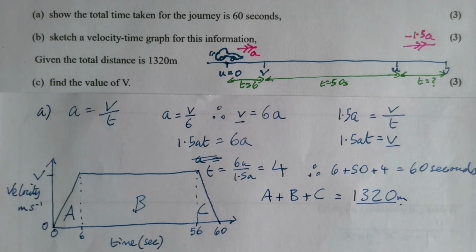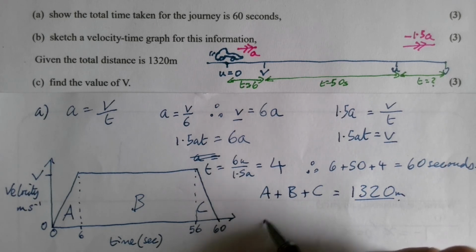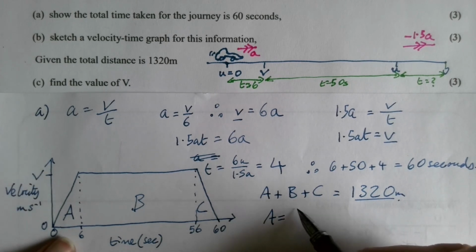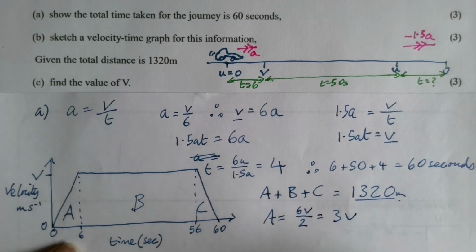And then I'm just going to define all my different parts. So A is going to be, well, it's base times height divided by 2, isn't it? So it's going to be 6 times V divided by 2, which is 3V.